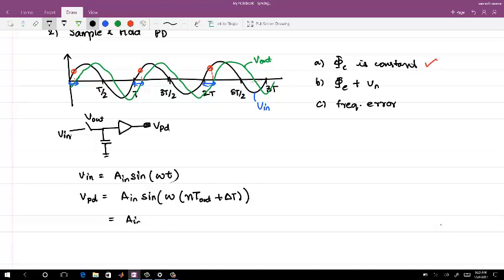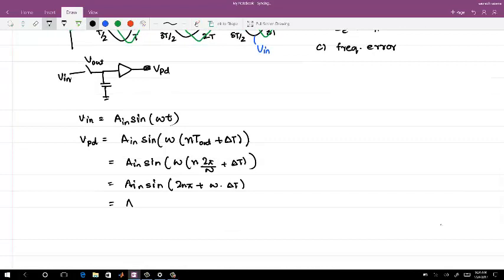Now, if I consider that my T out has the same frequency as my input frequency, then T is 2 pi by omega plus delta T, which I can write as sine of 2n pi plus omega delta T, which is nothing but sine of omega delta T, or the sine of the phase error.